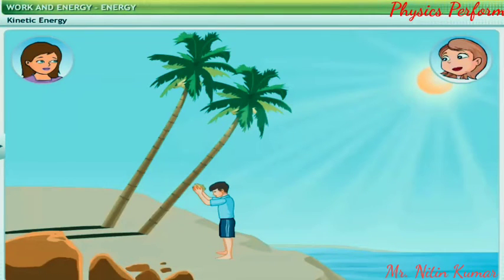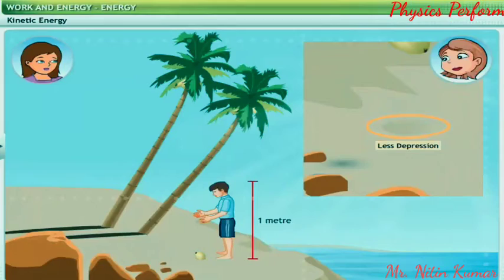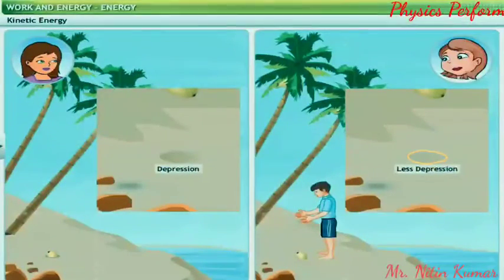Now let's see what happens if we again drop the coconut from a lesser height, say 1 meter. It still makes a depression on the sand. But this depression is not as deep as the one made earlier by the coconut that dropped from the tree.